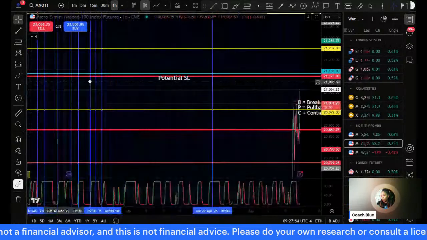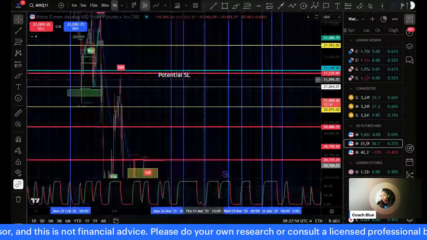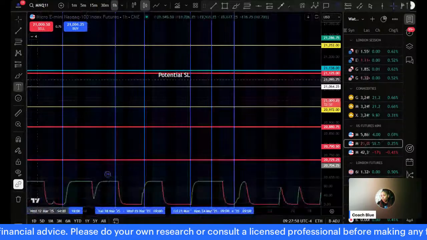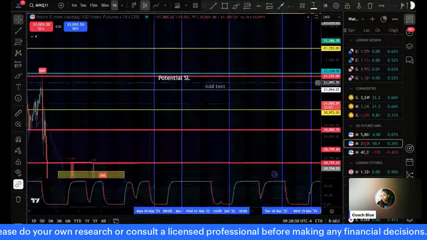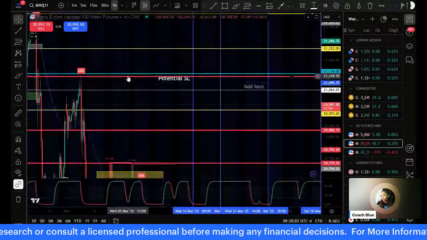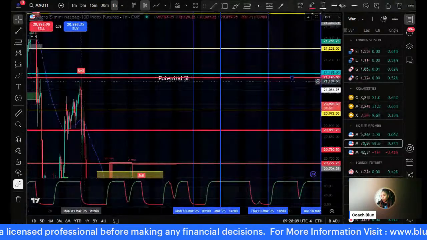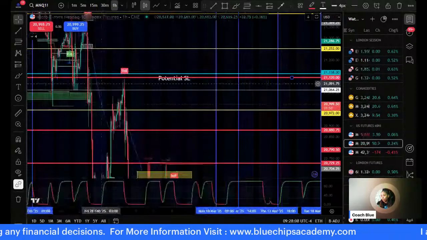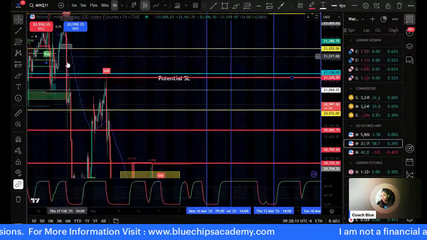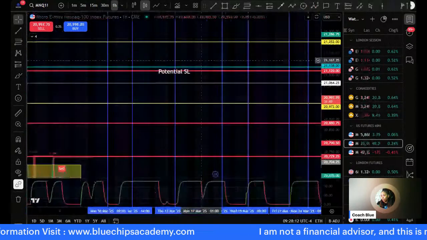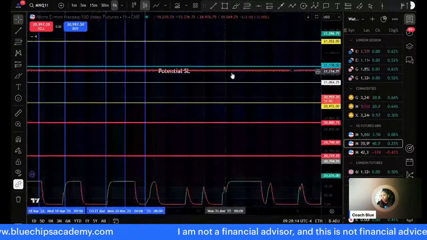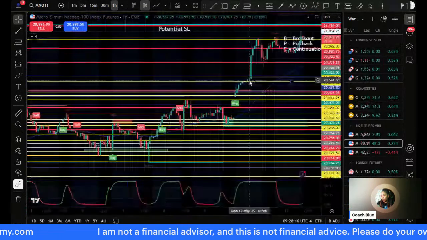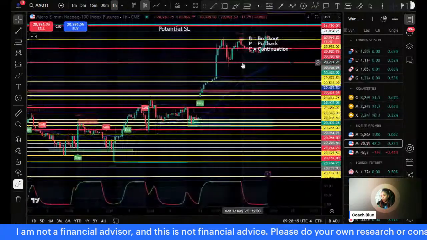On the 1 hour, at this level right here, there was extreme sell-off, and right here too. If we break past this level, then we get some nice upward movement. So our take profit might not be that; we'll see if price can break through those levels.